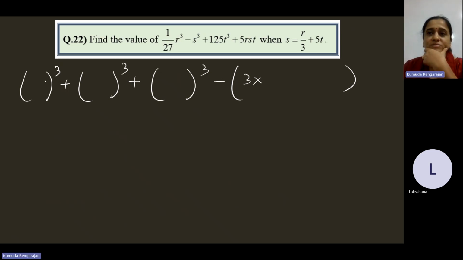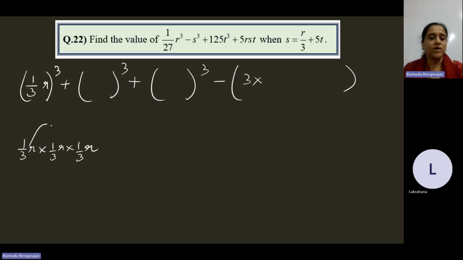So what should I fill in the first bracket? Not 27, 1 by 3 R. So what is 1 by 3 R into 1 by 3 R into 1 by 3 R? R into R squared, R squared into R cubed. 1 by 3 into 1 by 3 into 1 by 3 is 1 by 27.